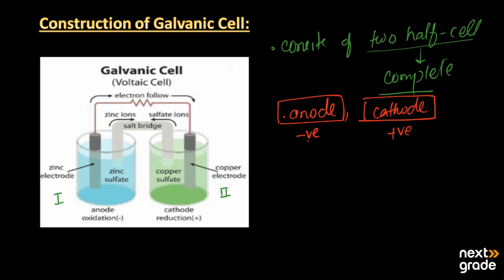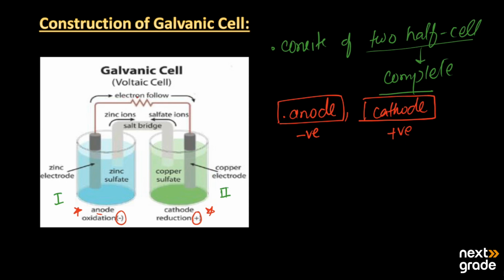So this is the difference between galvanic and electrolytic cells. In galvanic, the zinc side or the anode side carries a negative charge, and the cathode side carries a positive charge. But oxidation takes place at the anode, and reduction takes place at the cathode.